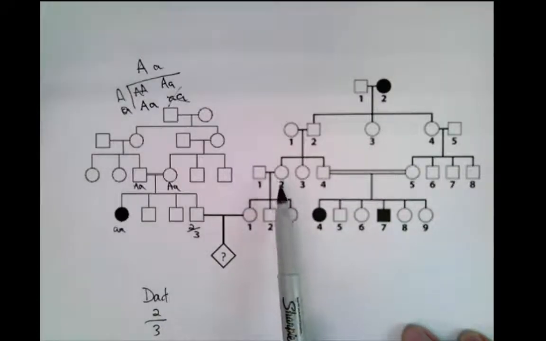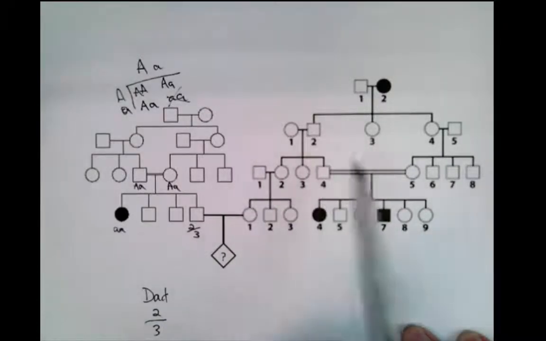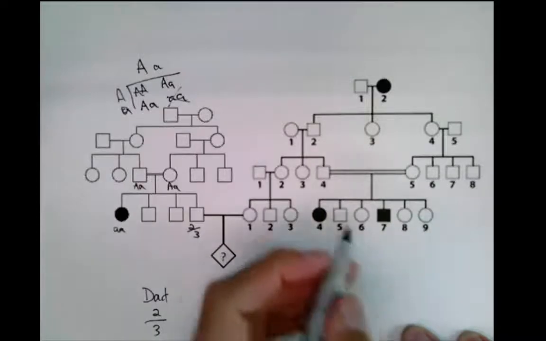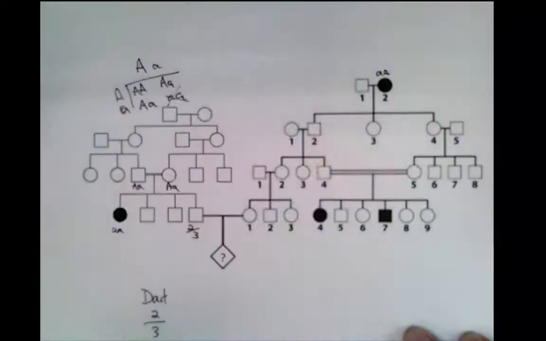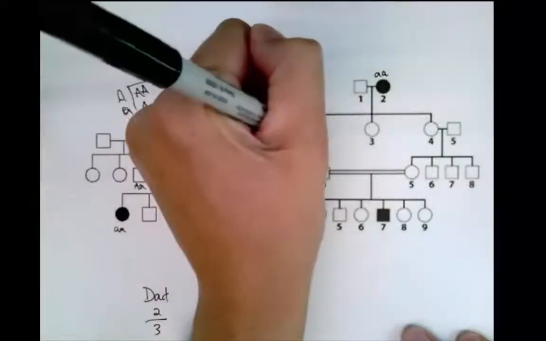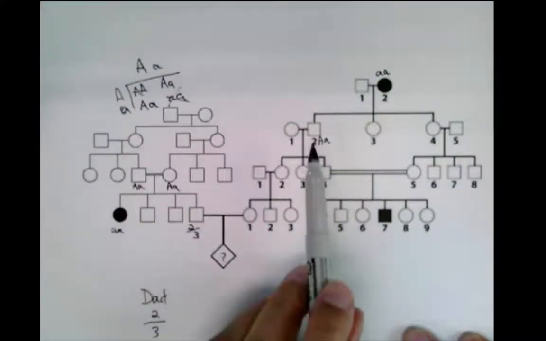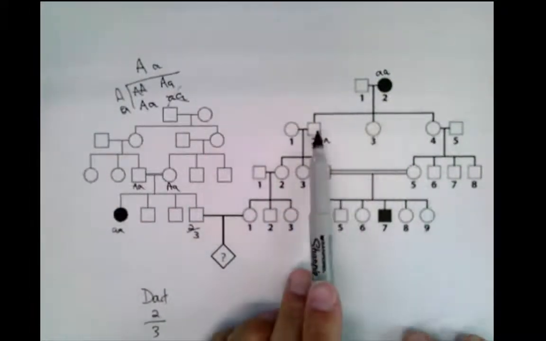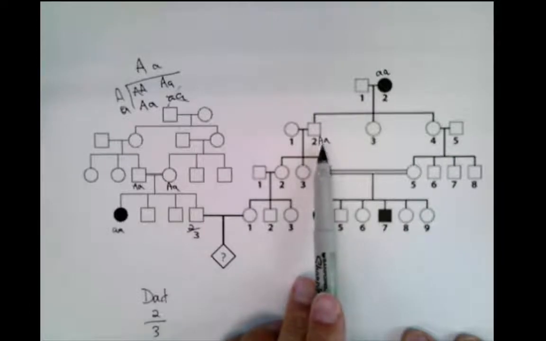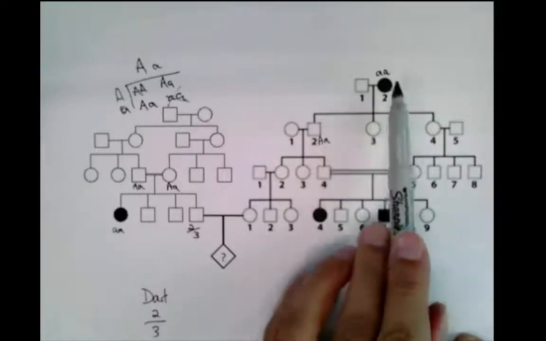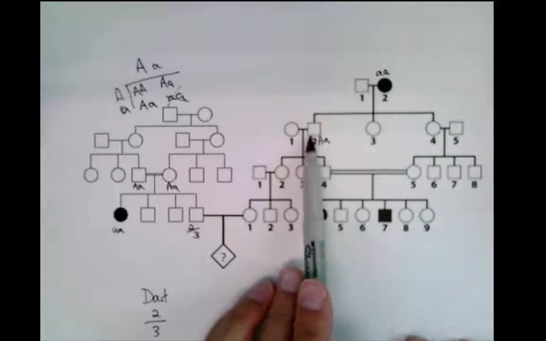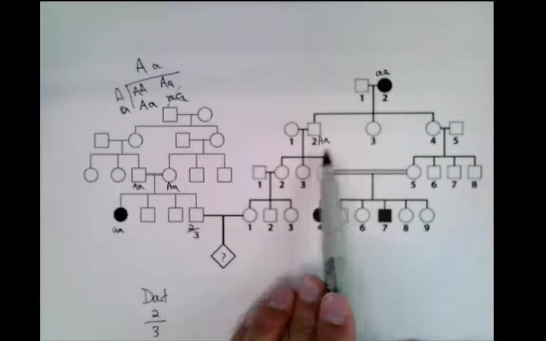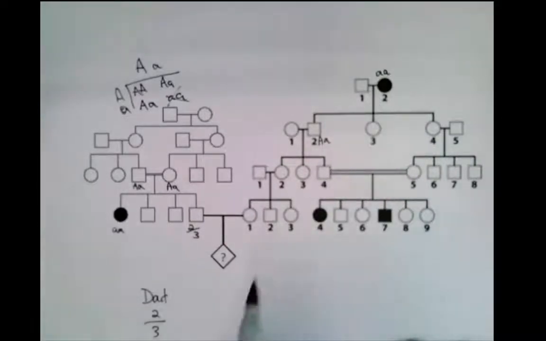So we'll have to go back yet another generation, and I'm going to first write down the genotypes. Here we have a homozygous recessive individual. Therefore, this man and all his siblings must all be carriers. The little a is the only allele that he could get from his mother, and he's unaffected, so he has to have received a big A from his dad.